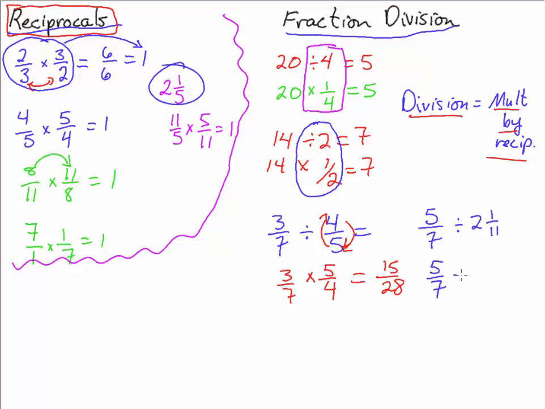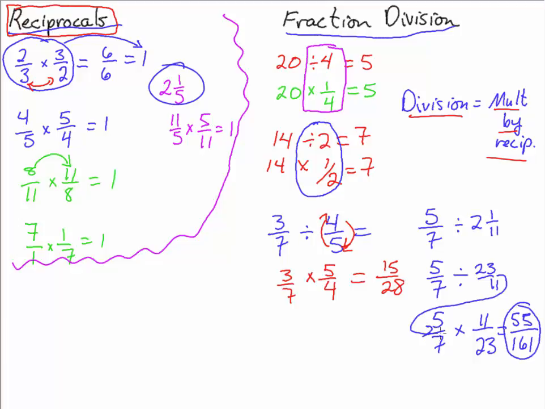Write this as an improper fraction: 11 times 2 is 22, plus 1 is 23/11. 5/7 divided by 23/11, that's 5/7 times 11/23, gives us 55 over, ooh, that's bad. You have to do some multiplication there. That's 161 is what it looks like. And that's your answer.